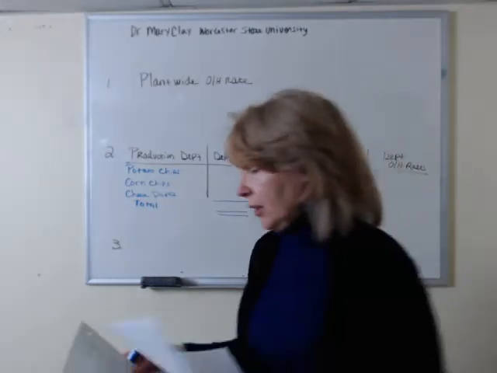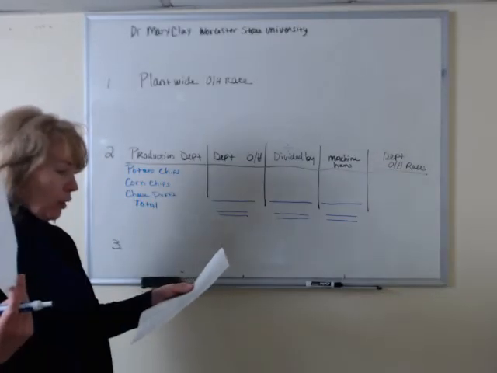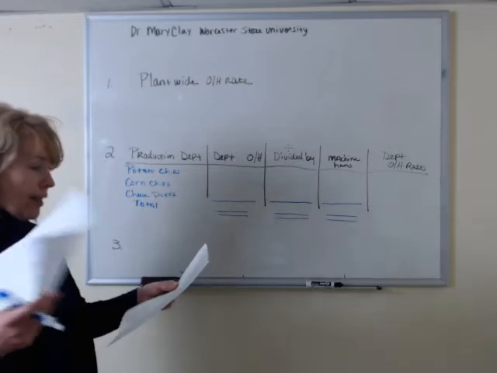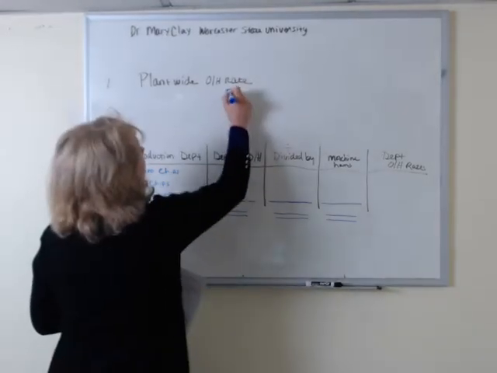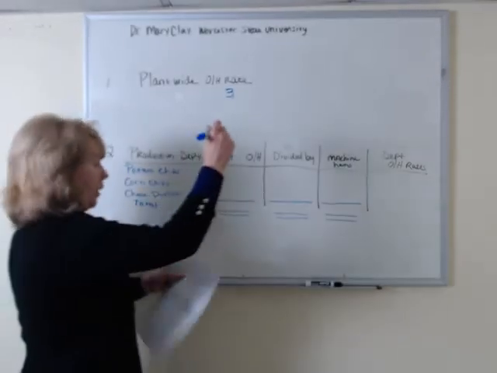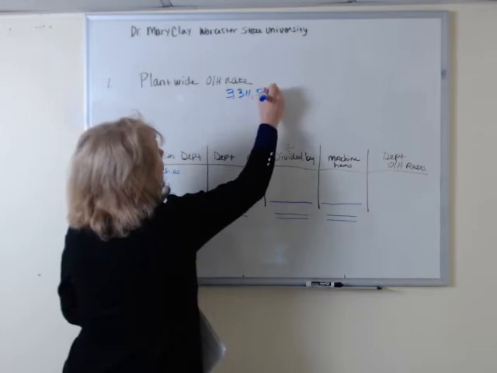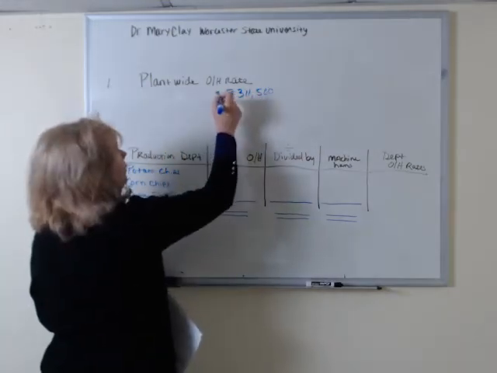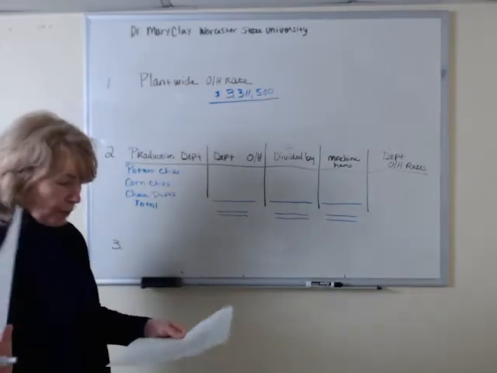All right, so you're going to take the total overhead cost, which they'll be giving you in the beginning, is $3,311,500. So those are the overhead costs. And you're going to divide it by the total number of machine hours.